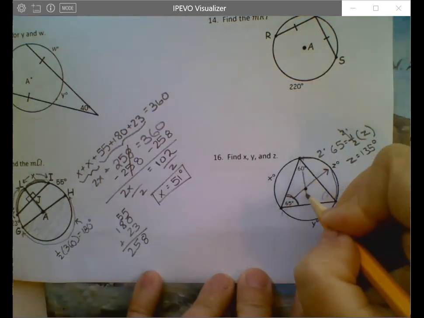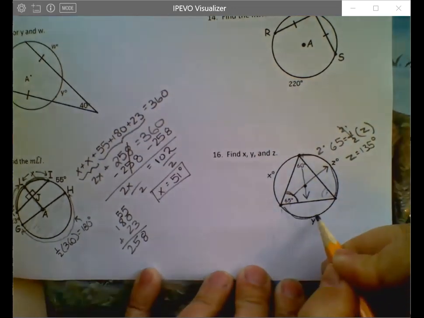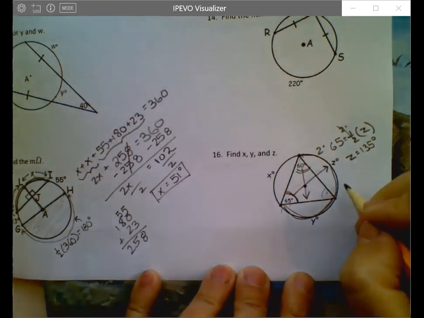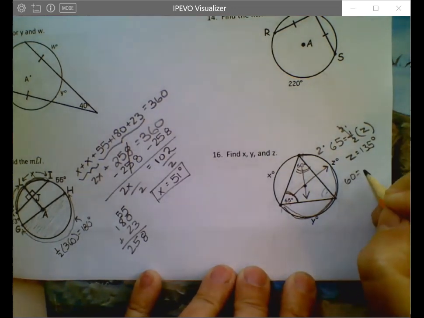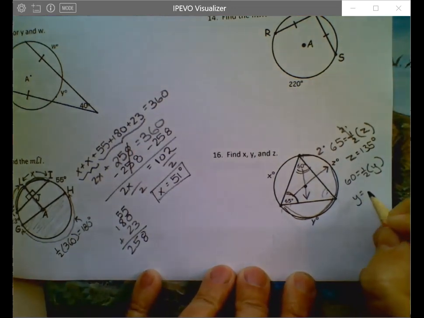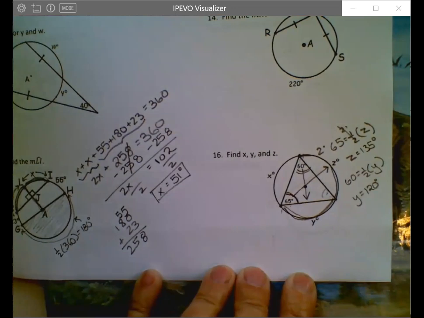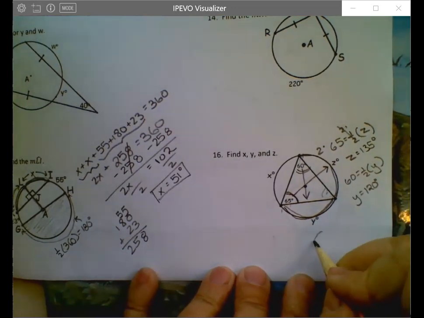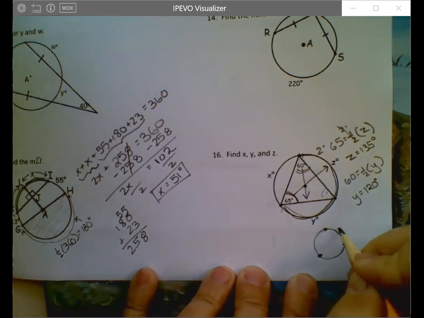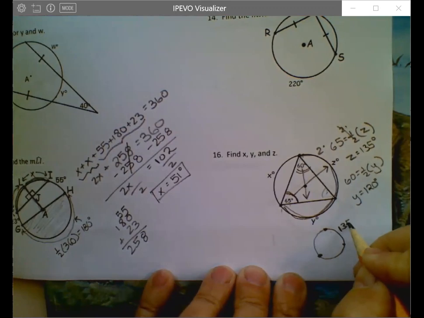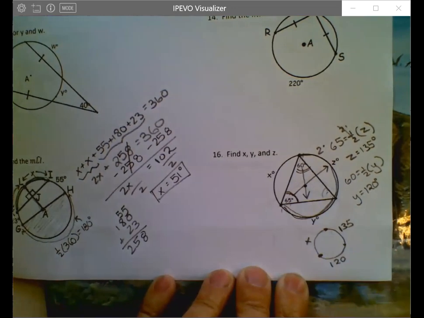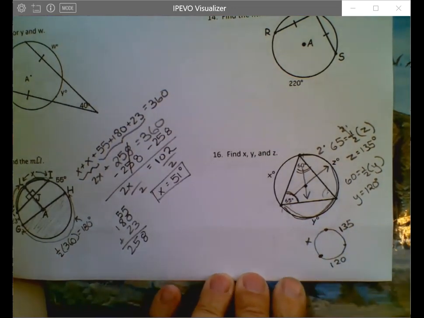Do the same thing to get Y. This inscribed angle, 60, is 1/2 of Y. Multiplying both sides by 2, we get Y equals 120. All right, so we have a circle. We have 3 parts to it. The part that was originally Z is now 135. The part that was originally Y is now 120. And we just want to figure out X. We know that the whole thing adds up to 360.